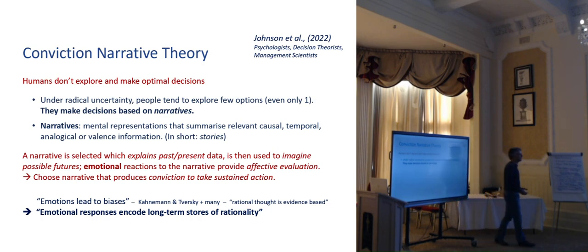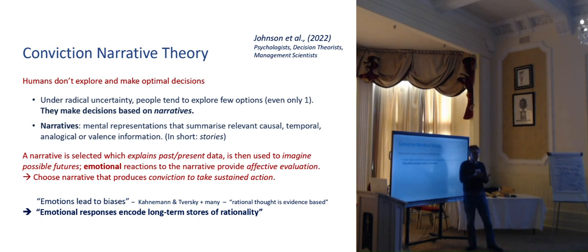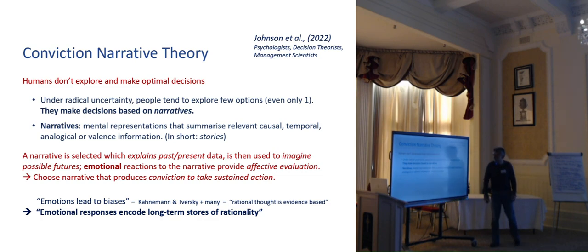So what's a narrative? A narrative is essentially a story. It's a fragment of a causal sequence of events that makes sense, has some appeal. It's a story, or a part of a story. So mental representations that have causal, temporal, analogical, or valence, so good or bad, information, in short, we'll just call them stories.